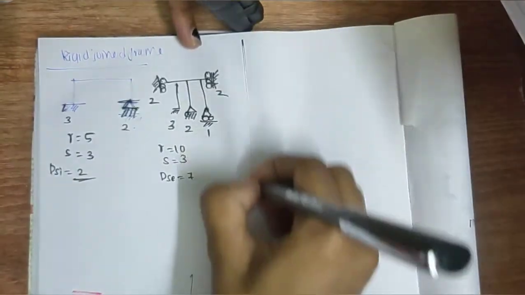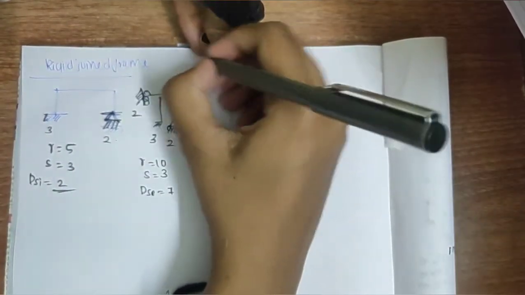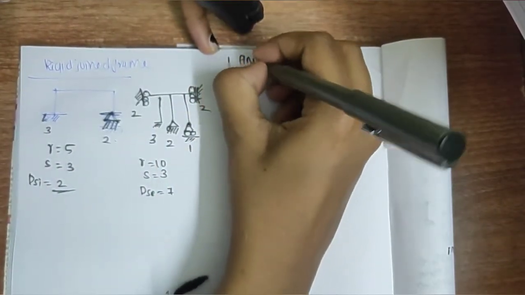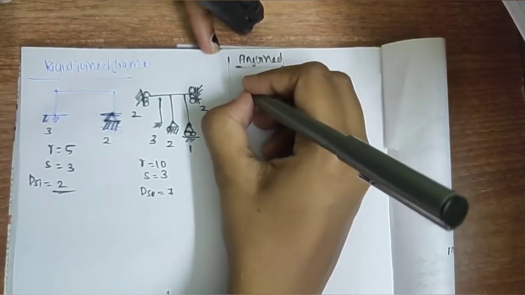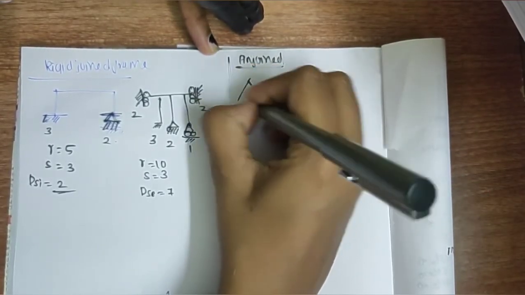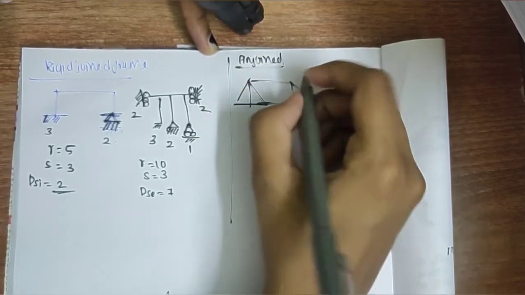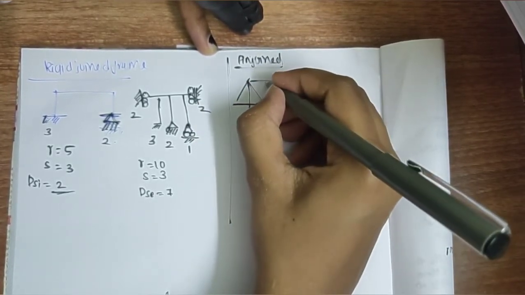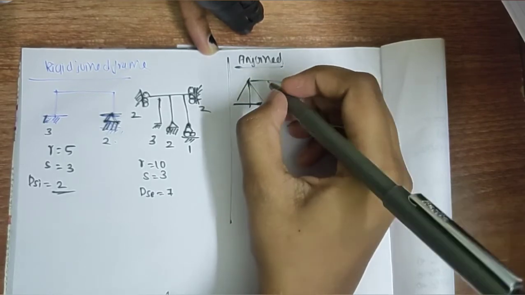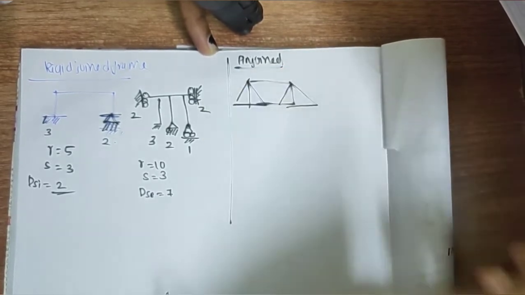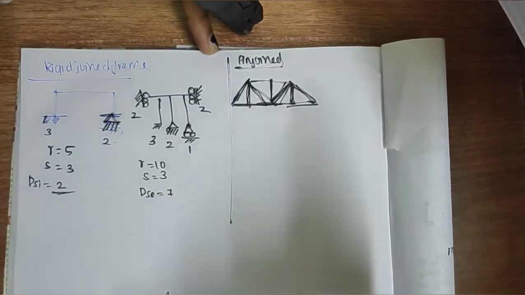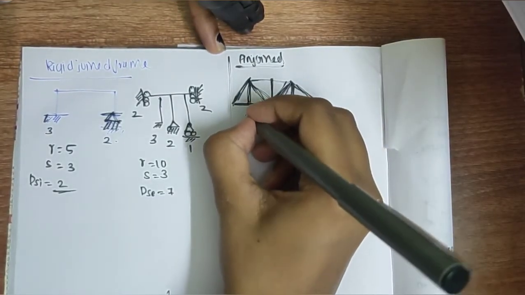Next, we have just found this for rigid joint frames. Next is the pin jointed plane frame.